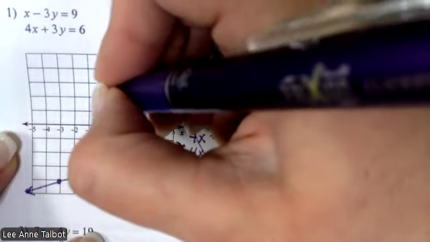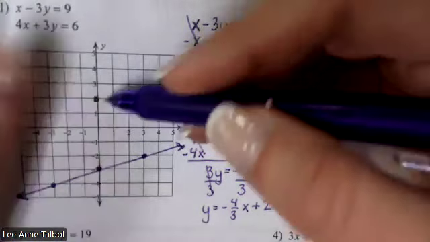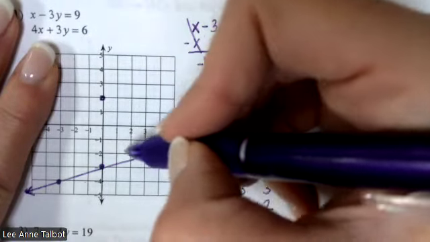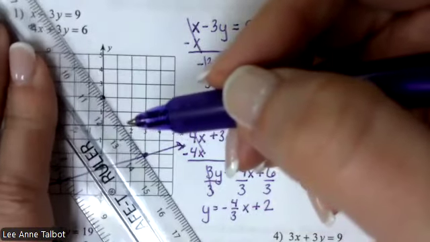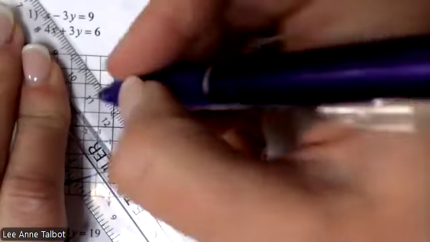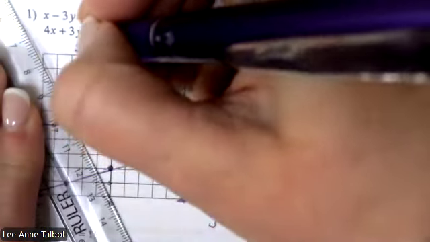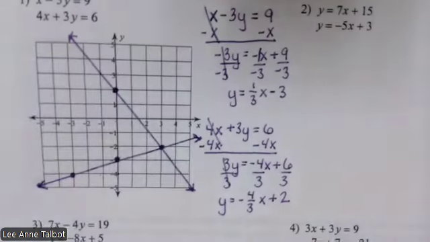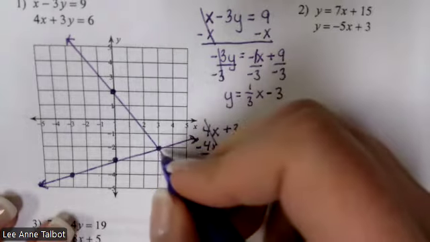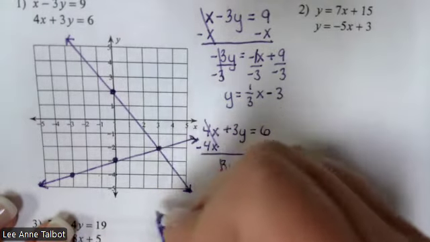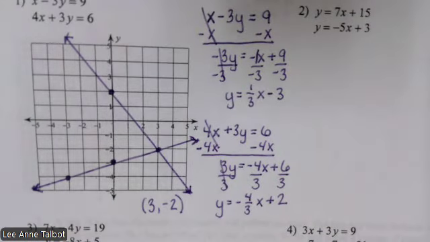Okay, y-intercept is up 2, and then go down 4 over 3. Oh, perfect. Okay, so my final answer is 3, -2, where they cross.